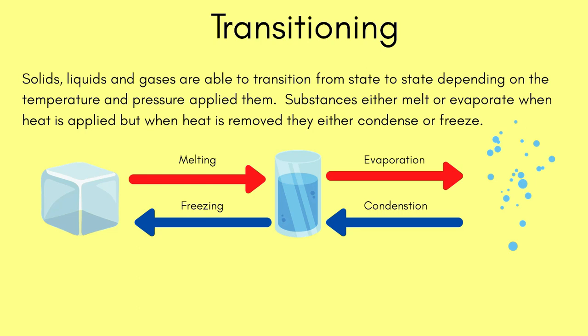When the gas transitions back into a liquid, it's said to condense. And when that liquid transitions back into being a solid, it freezes. Sometimes solids can skip the liquid phase and move right into the gaseous phase, and that is known as sublimation.